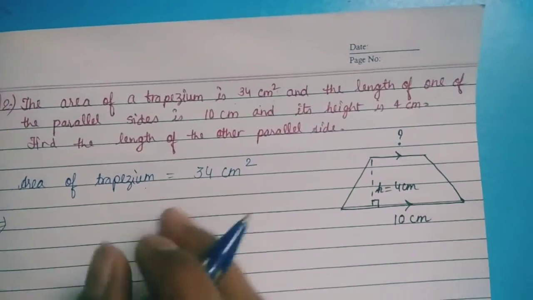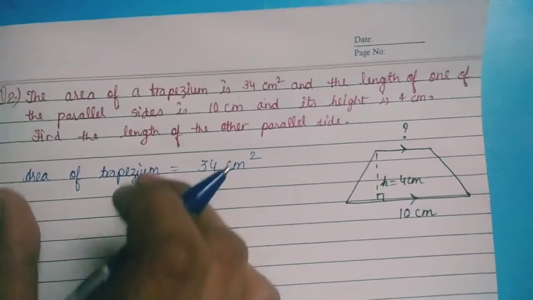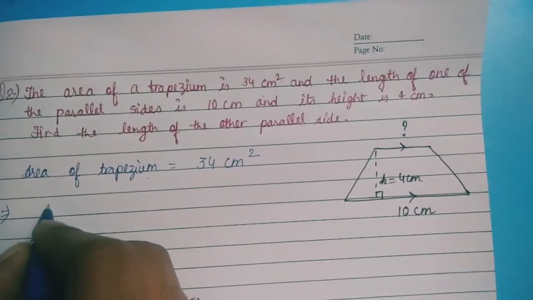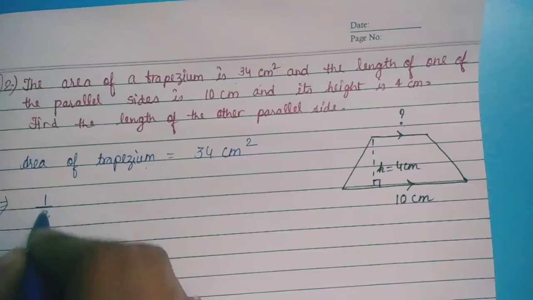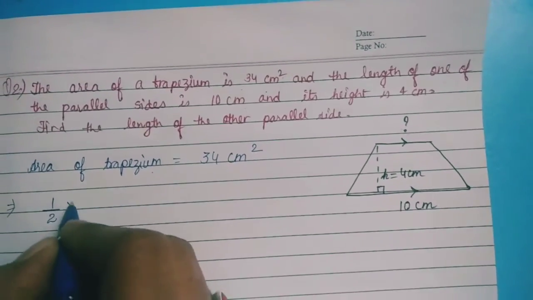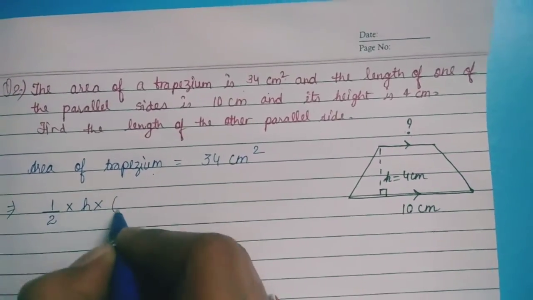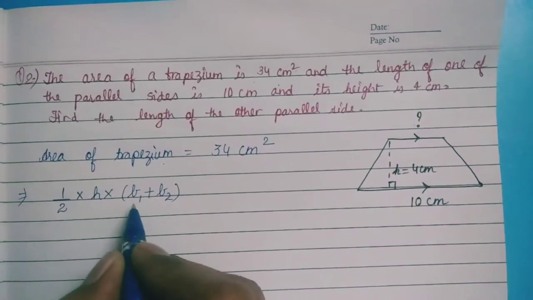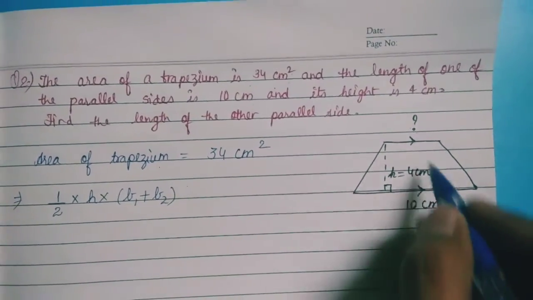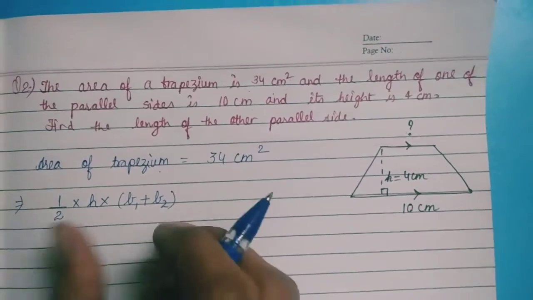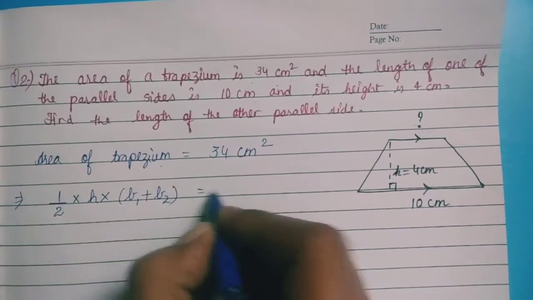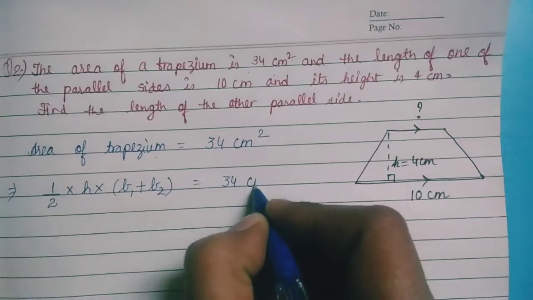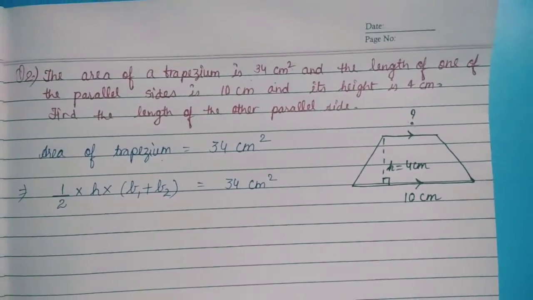We can calculate the area by the formula, half into height into (B1 plus B2), where B1 and B2 are parallel sides. So this is also equal to 34 centimeter square.